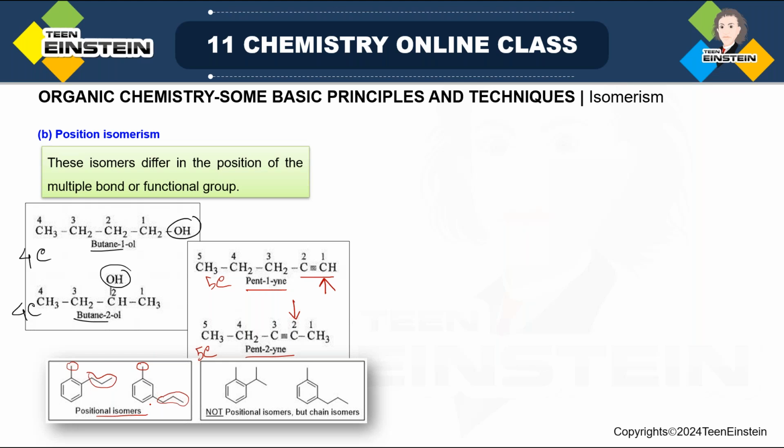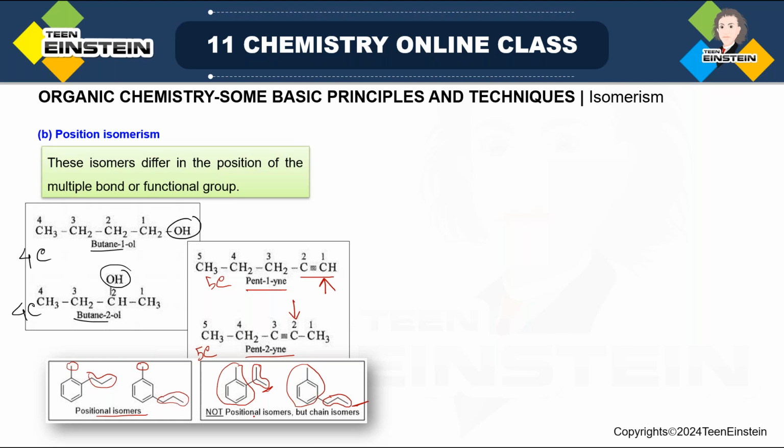But look at the second molecule example. Here this part is fixed for both. This is a 3 carbon chain, and this is also 3 carbon, but the chain design is not the same. I mean to say the branching is not the same. Here it is simply a linear chain, but here we have an isopropyl type of group.